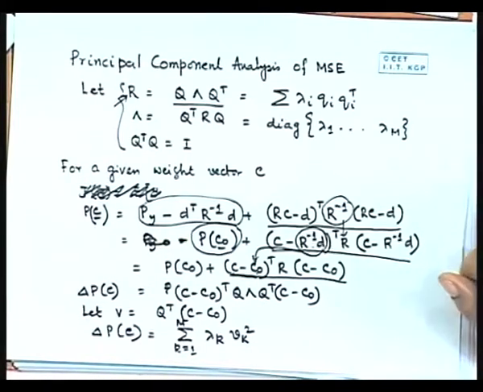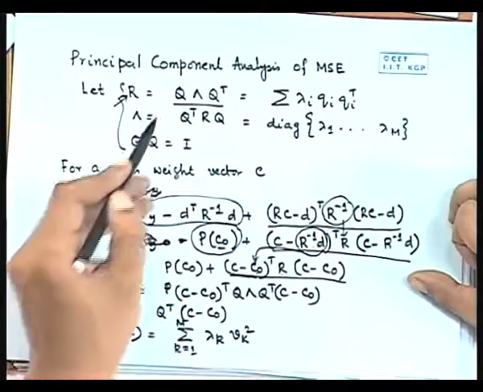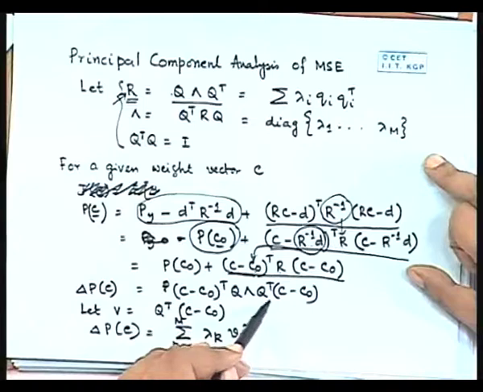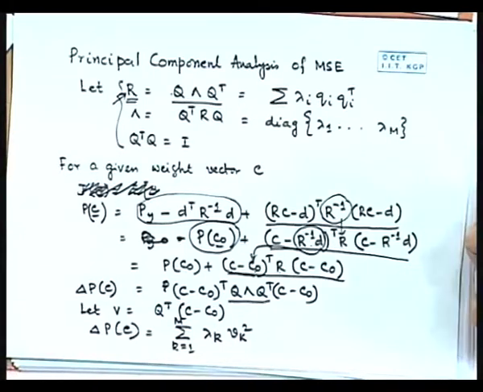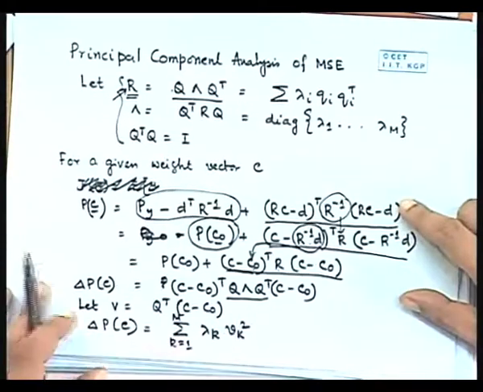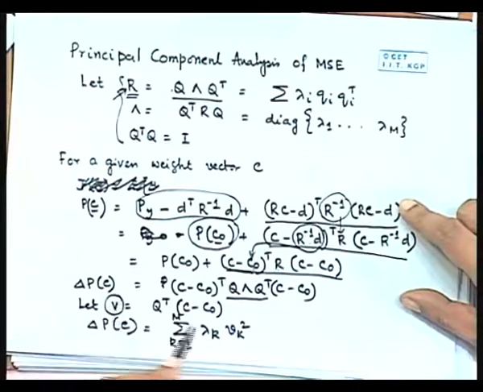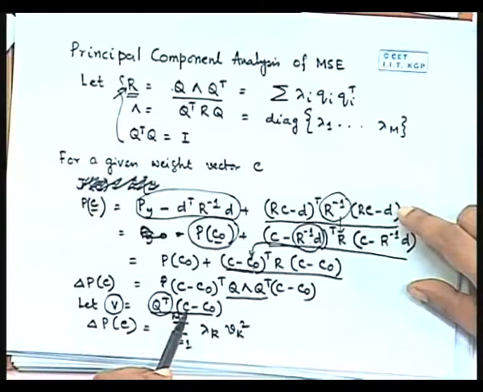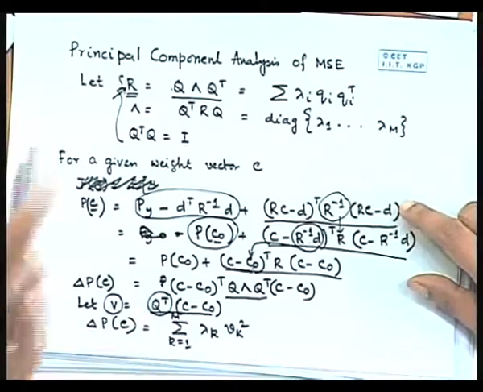Okay. Now what is R? I am making an eigen decomposition like this. So if I define a new vector V which transforms this C minus C0 by this matrix, what does it mean? I am expressing the components of C in terms of the perpendicular components, that is, the eigenvector coordinates.